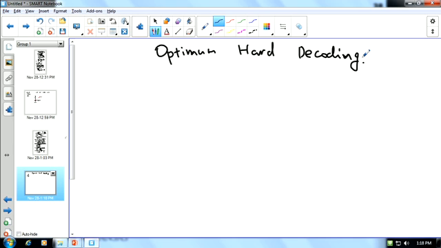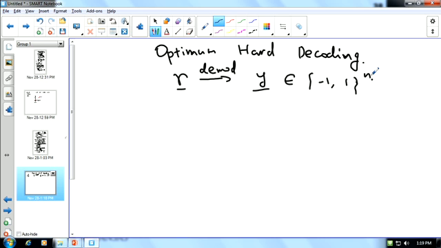To do optimal hard decoding, the only difference is we have R, we do demodulation, and we get Y. Y will be in {-1, +1}^n. So we threshold it first, and we discard all the soft information.